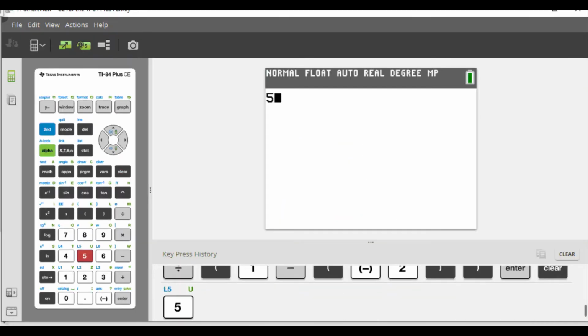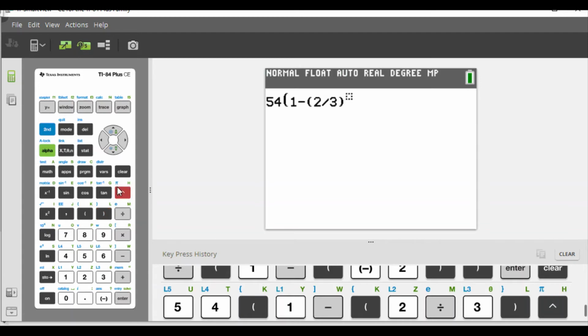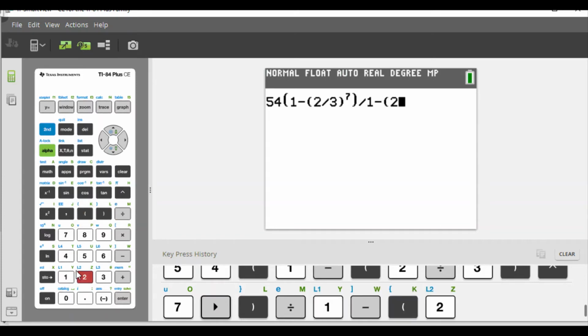We have 54, parenthesis, 1 minus 2/3. Again, I'm not going to use 0.667 because that would not be exact. Our n value is 7, so to the 7th power, close parenthesis. Then we divide by 1 minus, open parenthesis, 2 divided by 3, close parenthesis.